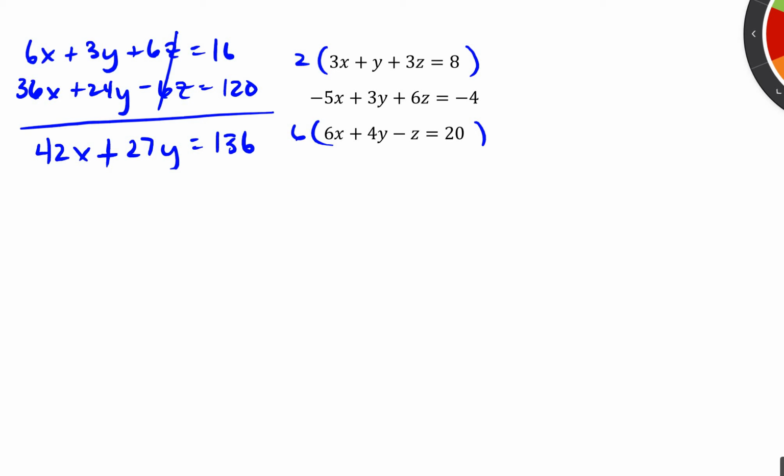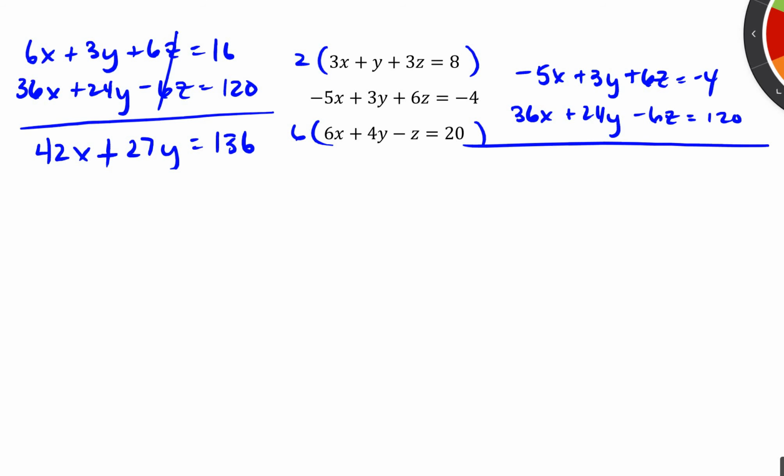So the only equation I haven't used yet is the middle one. Negative 5x plus 3y plus 6z equals negative 4. I have to add that to the last one again because that has the negative z in it. So the z's cancel. I'm left with 31x plus 27y.